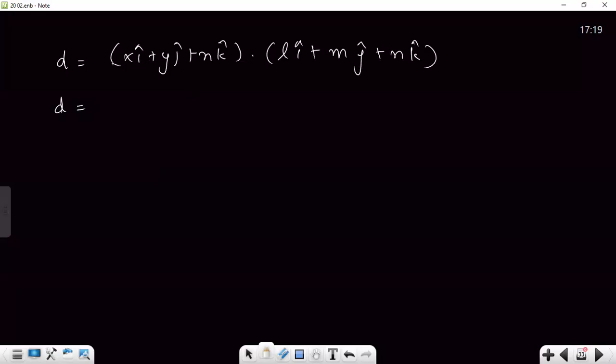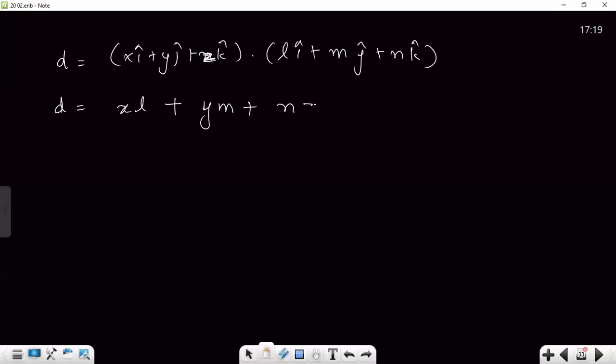So we'll simply multiply the coefficient of i with i plus the coefficient of j with j. So xl plus ym plus zn. This is the equation of plane.